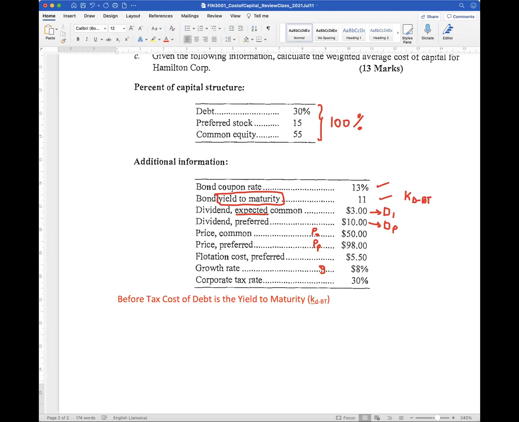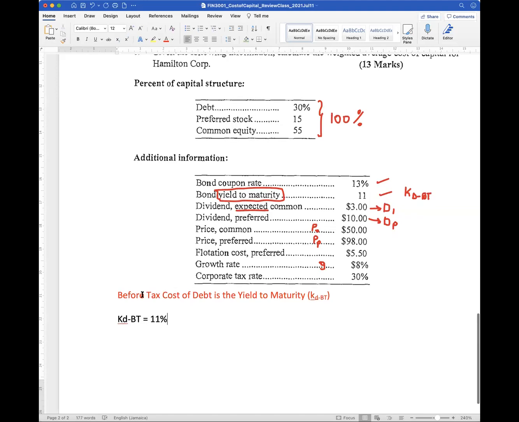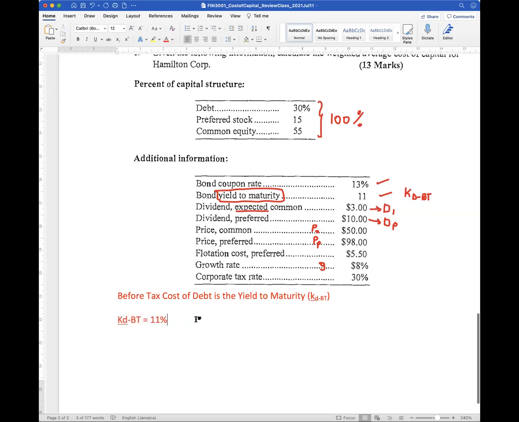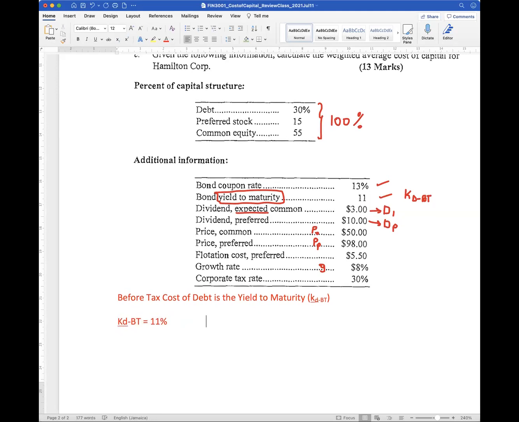Let's go through them one by one now. KD before tax is equal to 11%, given in that second line. We're also given that the tax rate is equal to 30%.